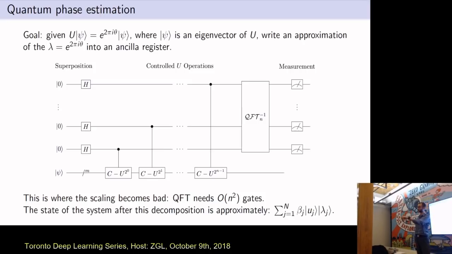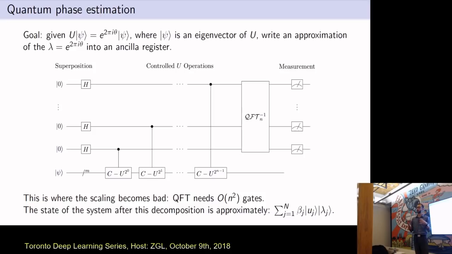This is where things go wrong, because this quantum Fourier transform is the exact same operation that you have in Shor's algorithm. It's the primitive that you need, for instance, to factorize a prime number, and this circuit needs at least quadratically many gates to run.